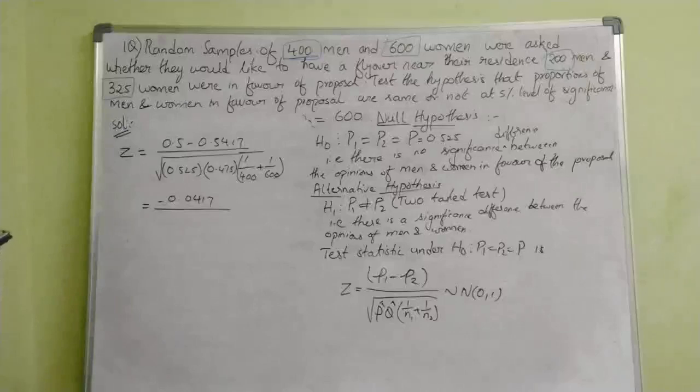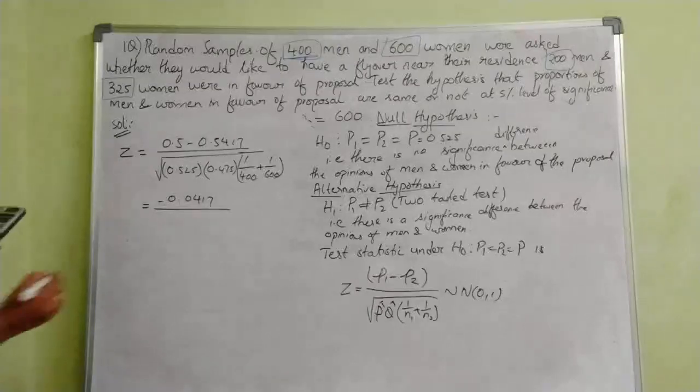So first do this one: 1 divided by 400 plus 1 divided by 600, which is equal to 0.0042, into 0.525 into 0.475. So square root of that answer is 0.0322.